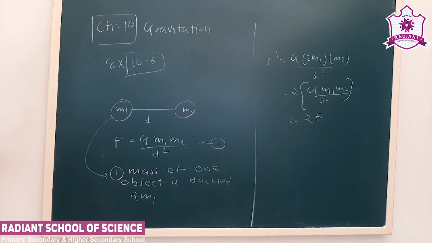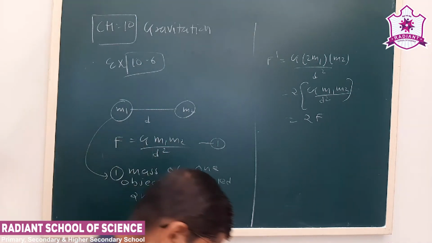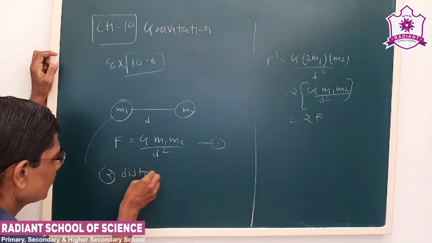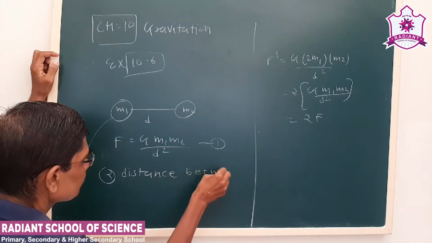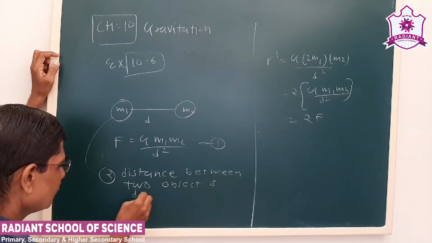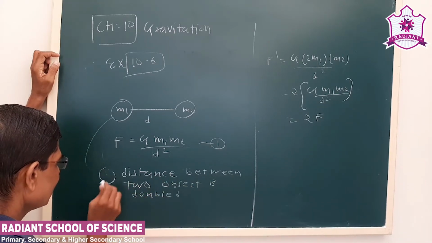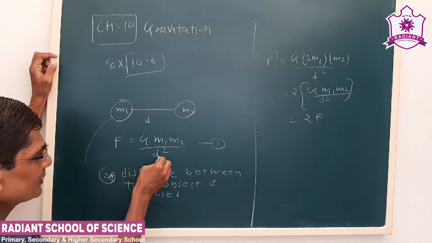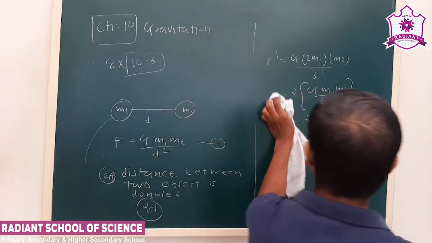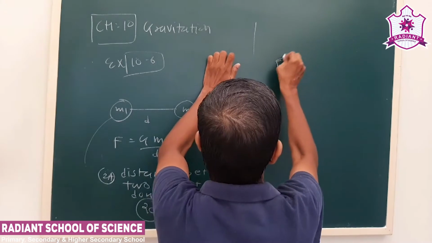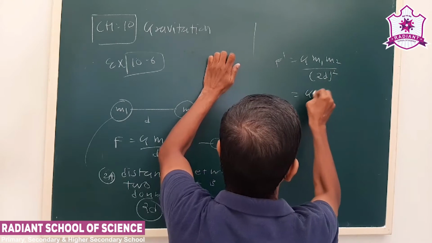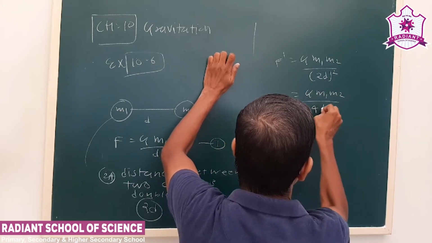The second part is if the distance between the objects is doubled and tripled. Let us say second part, 2a: the distance between the two objects is doubled. Initially the distance was d, now the distance has become 2d. Now see our equation. F dash will be G M1 M2 upon (2d) square, that is G M1 M2 upon 4d square.